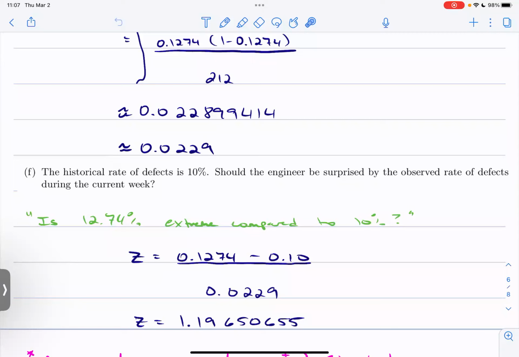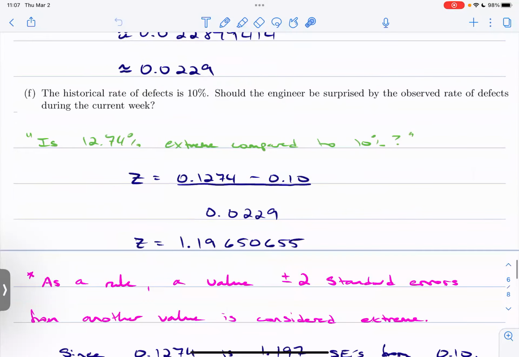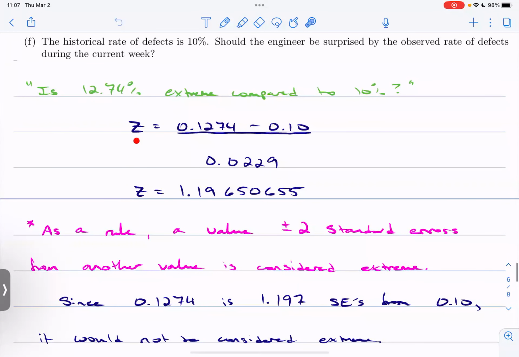But then what we did was we standardized. So we calculated the z-score, and we saw that, given the spread, 12.74 is really only, let's say, 1.2 standard errors away from 10%.